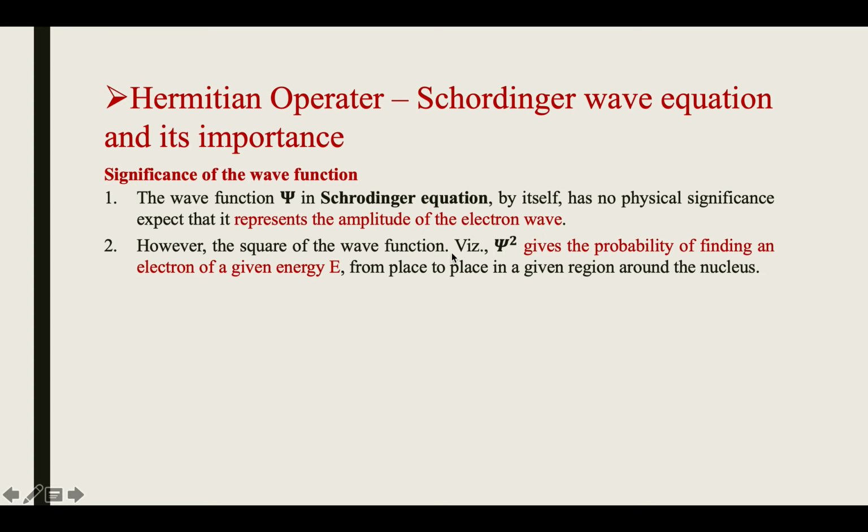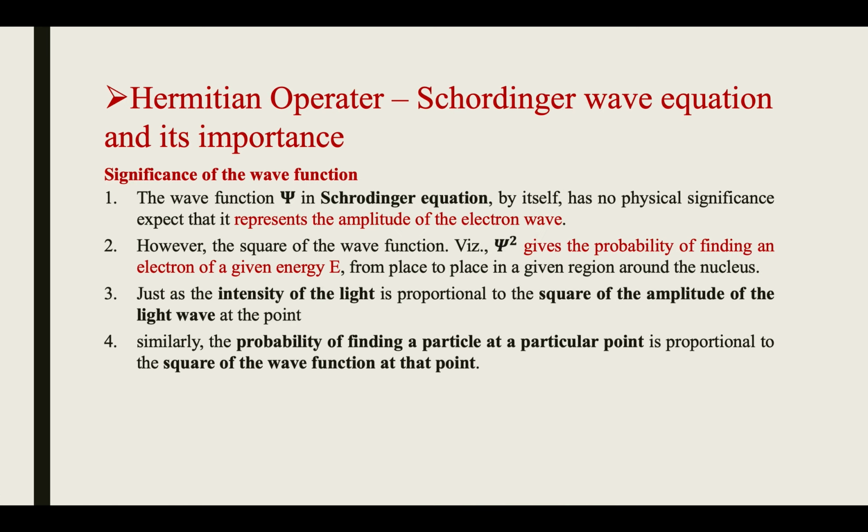However, the square of the wave function, psi square, gives the probability of finding an electron of a given energy E from place to place in a given region around the nucleus. The third significance is that the intensity of light is proportional to the square of the amplitude of the light wave at the point. So if you want to know the intensity of the light, it will always be proportional to the square of the amplitude of the light wave.